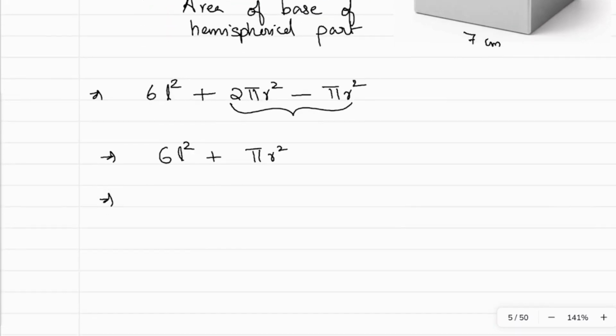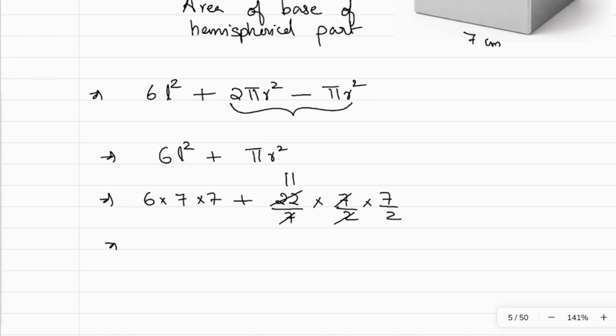Now we need to substitute the values. 6 into, what is the L here? It is 7, 7 into 7, plus pi is 22 by 7, R equal to 7 by 2 into 7 by 2. Now this 7 and this 7 will get cancelled, this 2 and this 2 will get cancelled and I will get 11.